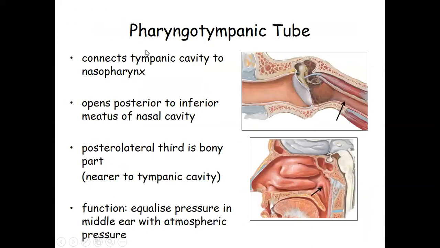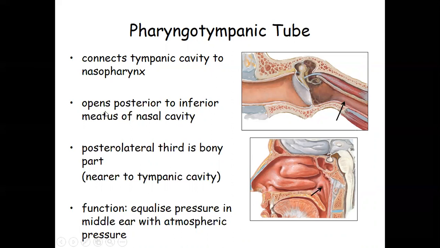Okay, now we're going to discuss the pharyngotympanic tube. The pharyngotympanic tube connects the tympanic cavity to the nasopharynx. Connects the tympanic cavity here to the nasopharynx. So you can see here, this is the nasopharynx.